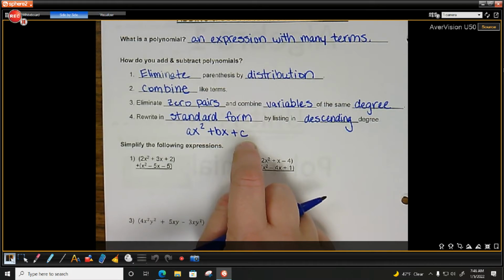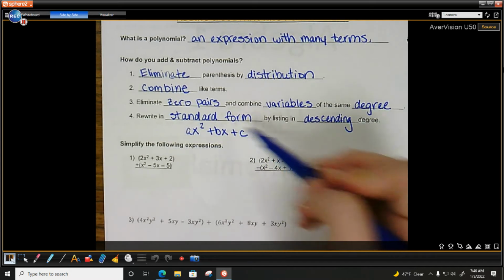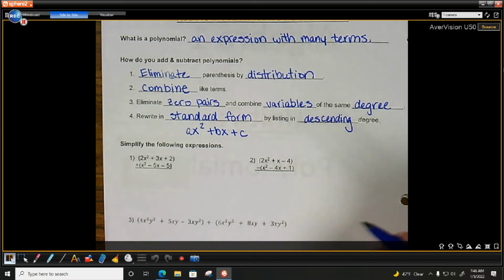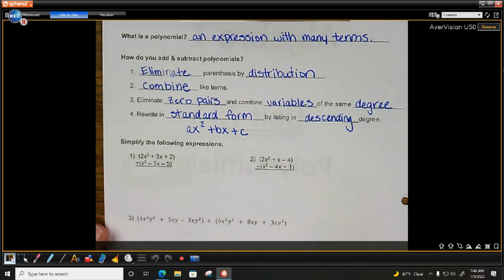You always go biggest exponent down to smallest exponent. Okay? And if we have multiple variables, also put it in alphabetical order. So like your x's would come before your y's, or your A's would come before your B's. I'm going to be less picky about this part. If you have the correct terms, I'm not going to really be upset if they're in the wrong order. Okay, main thing is we need to make sure we have the right terms. This is just going to help us with later units.